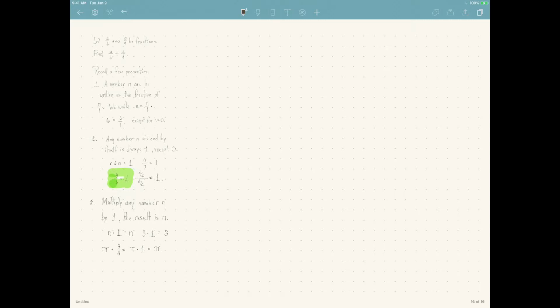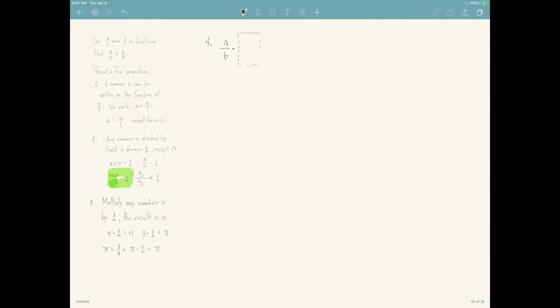Our fourth piece is number 4. Number 4 says that if I take a fraction, for example a over b, and I want to multiply it by some number, I'm not quite sure what that is, so I'm just going to put a box here.